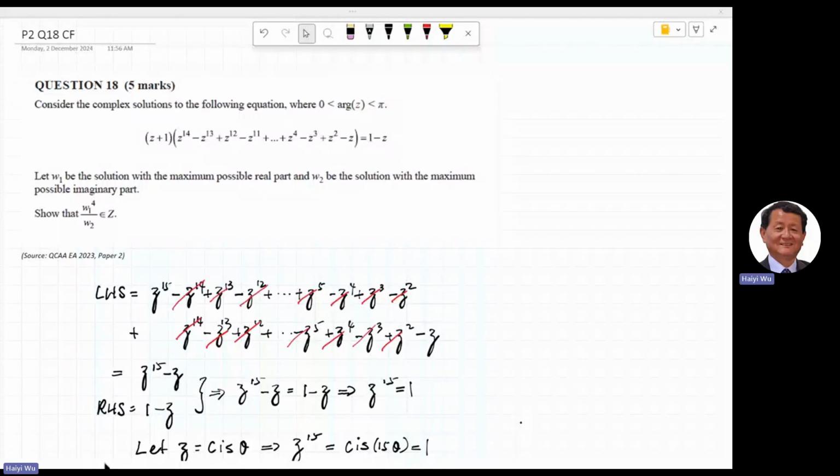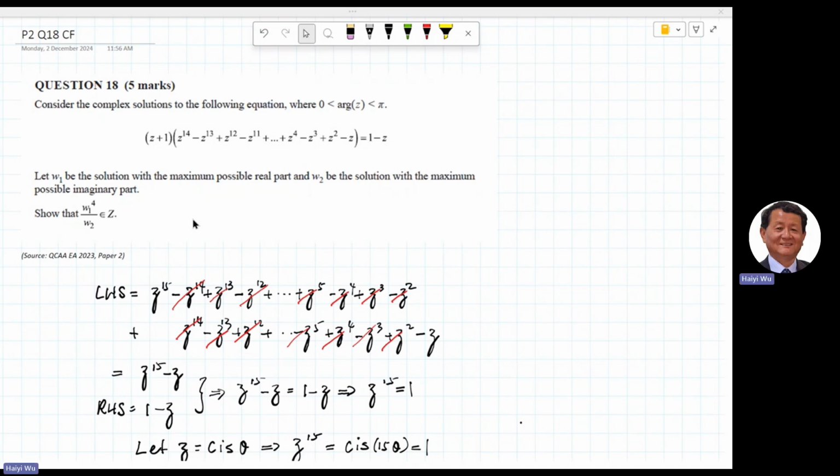Hello again. So today we're going to solve this question 18. This is a complex, unfamiliar question for the complex number system. It involves de Moivre's theorem, as well as the argument of a complex number.